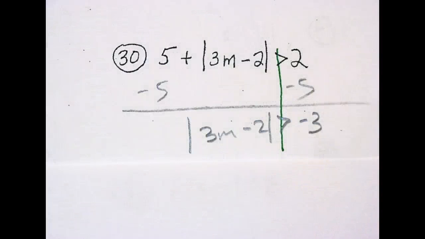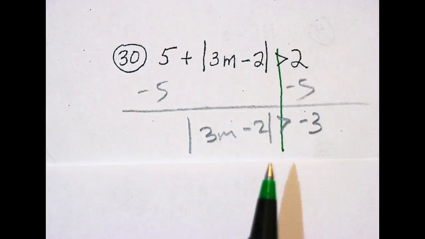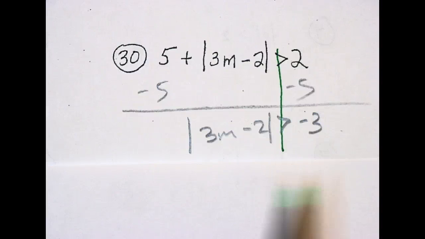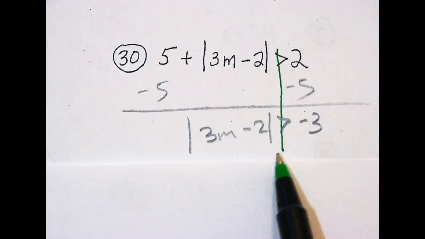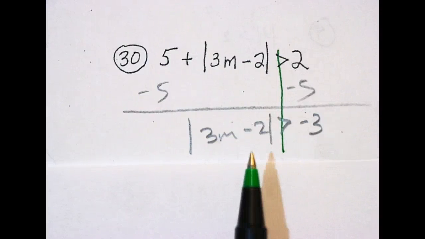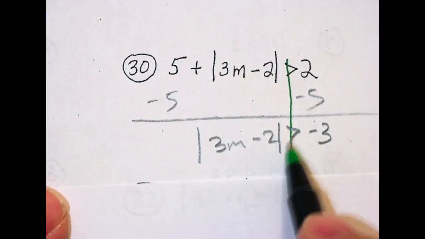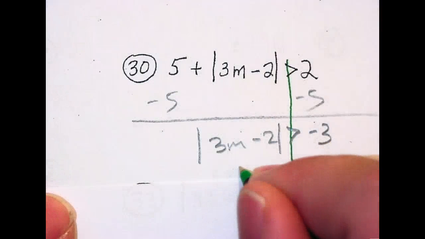Can an absolute value be greater than a negative? Yes. Is it ever not greater than a negative? It's always going to be bigger than negative 3. By definition, an absolute value has to be. Anytime you have a greater than symbol, if it's greater than a negative, this is infinitely many.